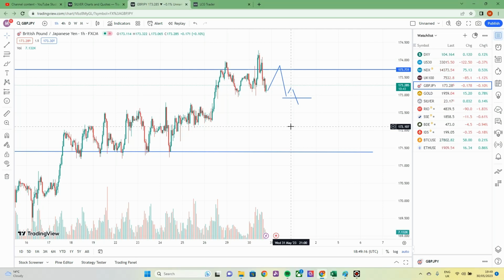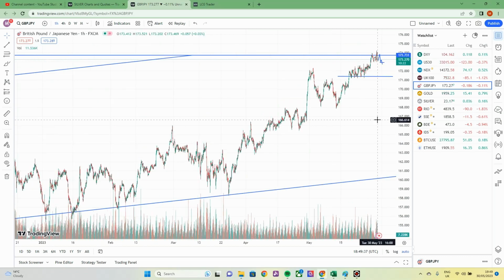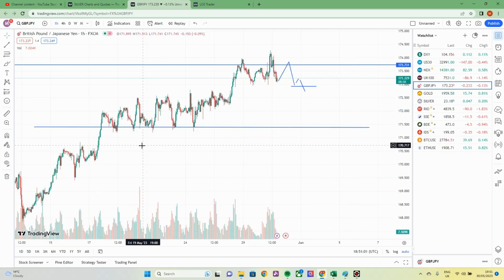So shorting is where you're predicting price to go down, and long is where you're predicting the price to go up. So I would then create a short position, and we'll be looking for price to go down to hopefully about here, and if not, then even more so. So I'm going to leave it there.